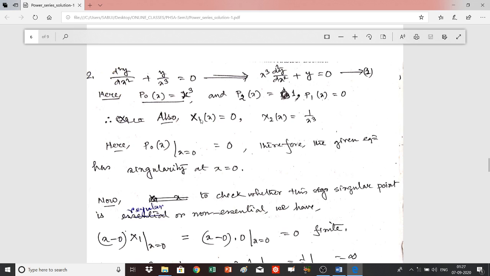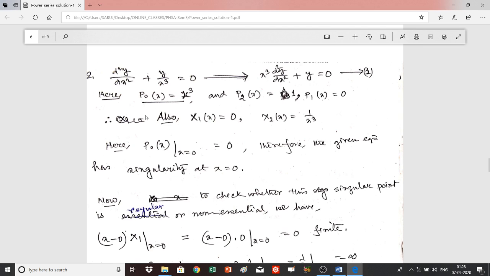Then capital X1 should be P1x by P0x, that is equal to 0, and capital X2 function of x is equal to P2x by P0x, that means 1 by x cube.